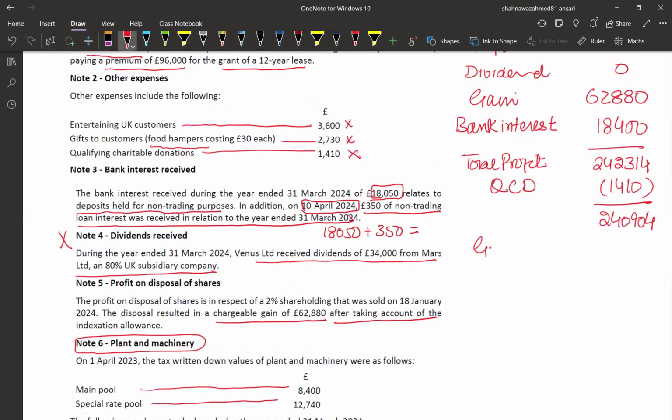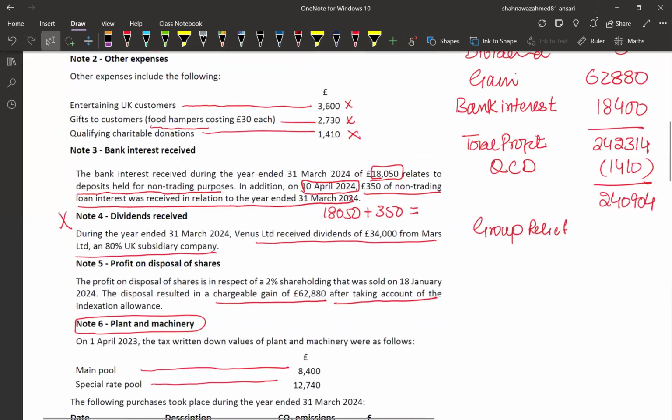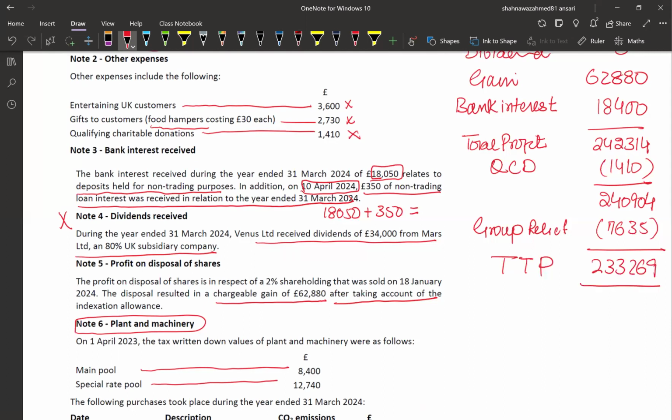So we have to take group relief of that subsidiary company, 7635. And this is what TTP is. So we have 233,269. This is the TTP.